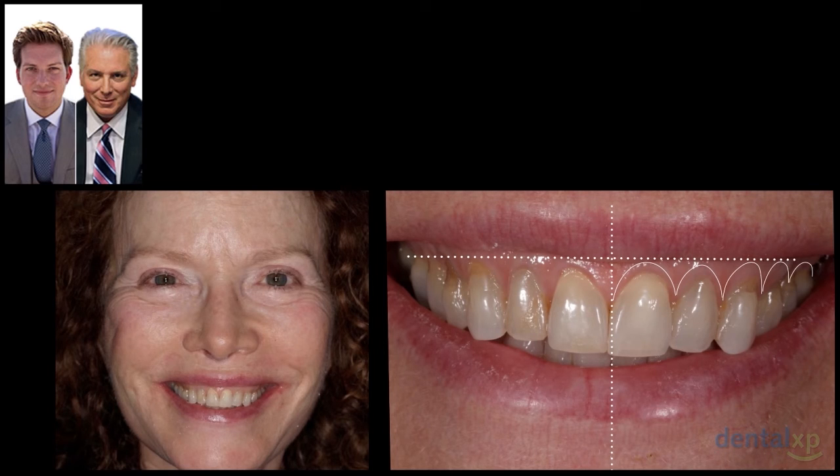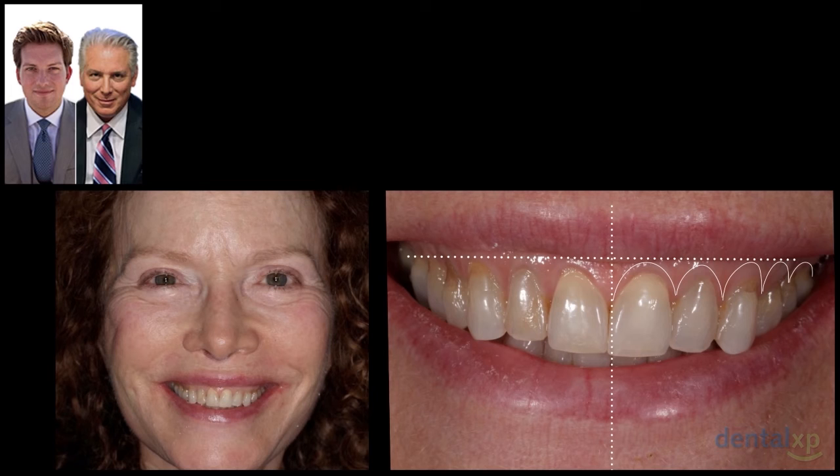When you're working in someone's mouth, you're not working in millimeters or feet, you're working actually in microns. So not only are we talking about apical coronal position of teeth, we're really talking about facial lingual position as well. How far out do the teeth need to be in order to be in the correct aspect for the profile of the smile, as well as the apical coronal position of the teeth?